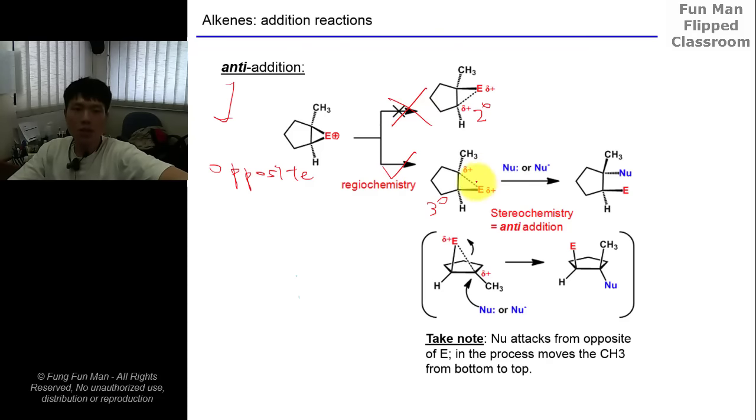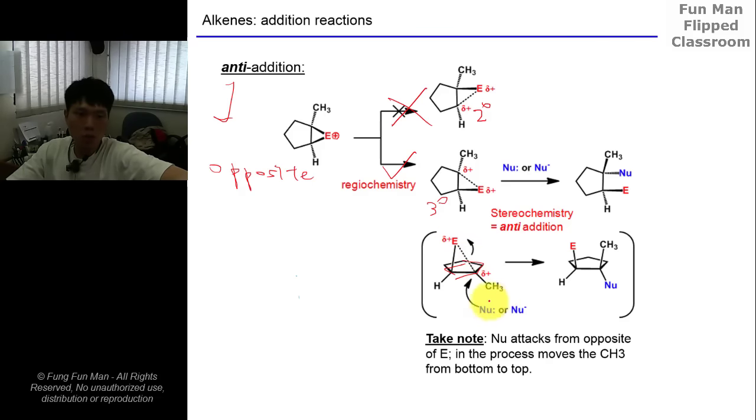But the next thing is, is it from the top or the bottom? Now here we use the 3D geometry and look at the molecule from the side. So this is your 5-member cyclopentane ring. The E points up here. That means the methyl group points down because they try to avoid each other due to steric repulsion.